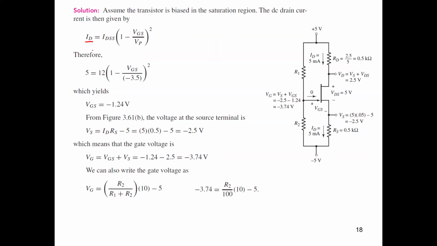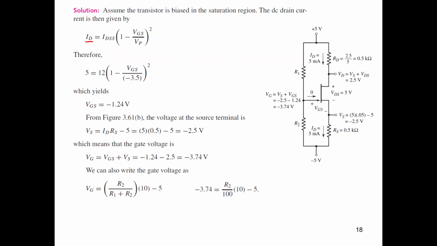So 5 milliamperes equals 12 milliamperes times (1 minus V_GS divided by minus 3.5, which is V_P) squared. From here, guys, we can get the value of V_GS. So V_GS is minus 1.24.